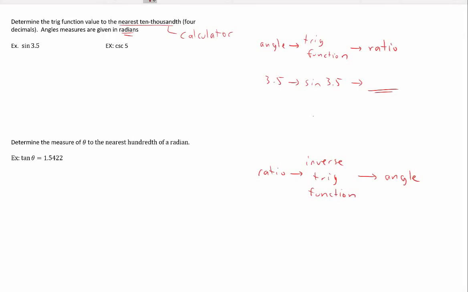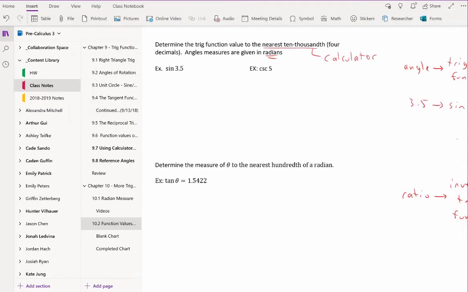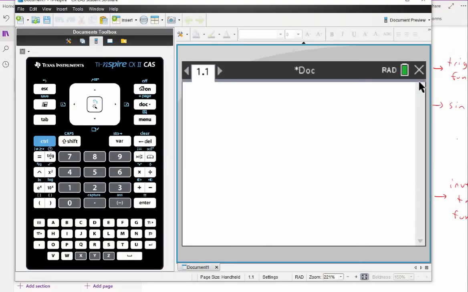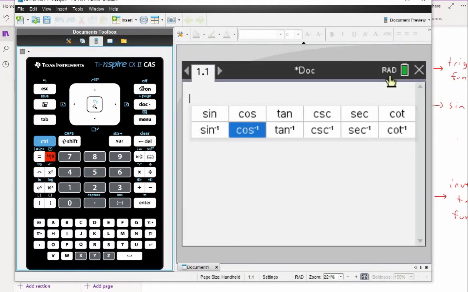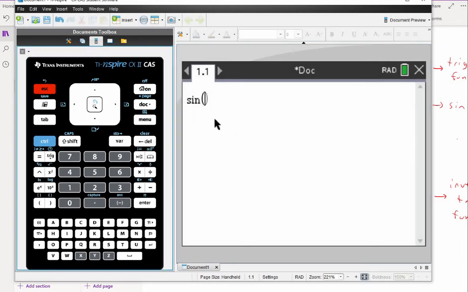So let's look at sine of 3.5. It's going to be straightforward whatever calculator you have. You just have to make sure you're in the right mode. On my Inspire calculator, we'll see it's already in radian mode. If I want sine of 3.5, I pull up my trig functions and select sine, sine of 3.5.